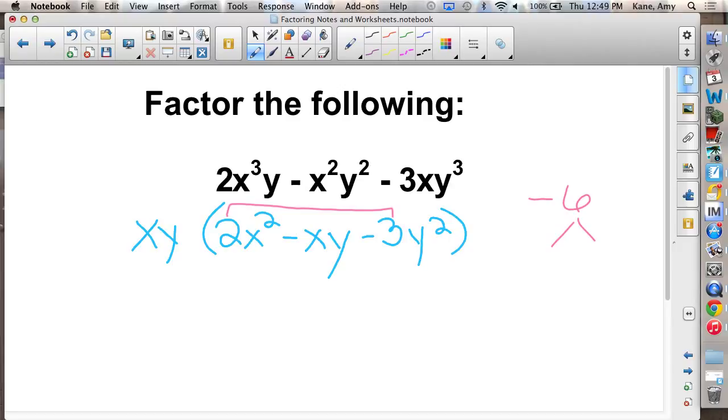What multiplies to be -6 but adds to be a -1? Right, -3 and 2. So AC grouping: take the first and last number and multiply them together. That makes a -6 in this case. We're trying to add to be the middle number, which is a -1.